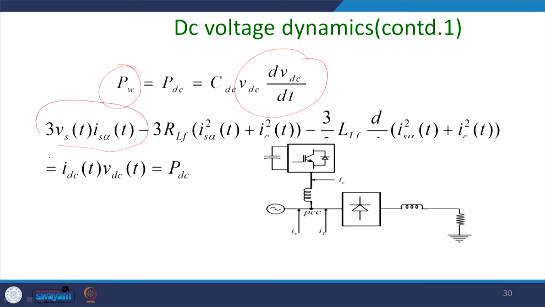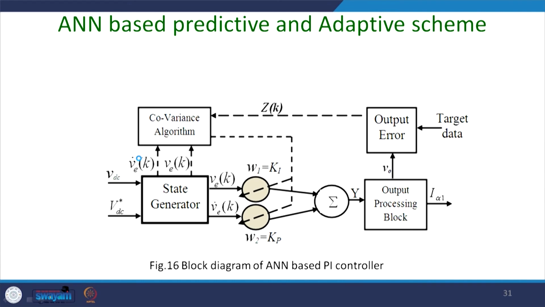If you write it in three phase, that is basically I alpha and I beta, and essentially this value is going to give you the value of PDC, the power consumed by the capacitor. So, you can understand that what is mentioned as P loss here is PDC.